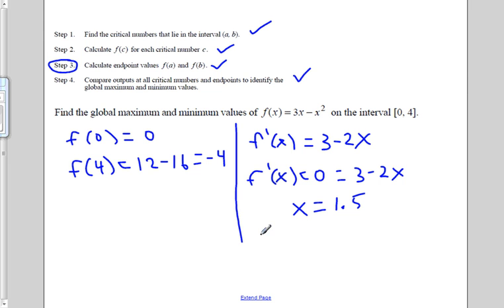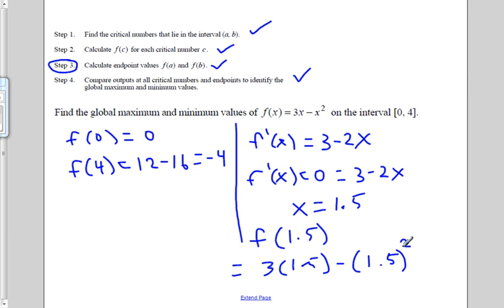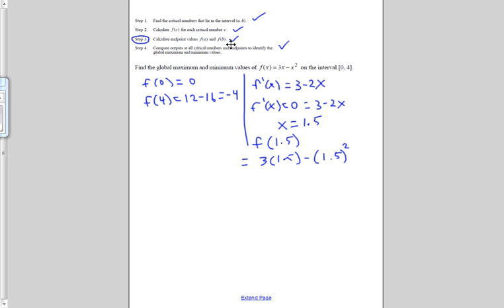So now I need to evaluate f of 1.5. That equals 3 times 1.5 minus 1.5 squared. So we need to simplify that a little bit.